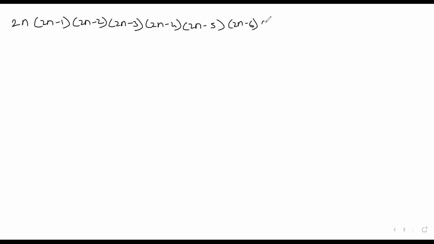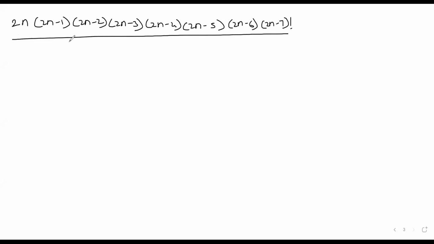So this 2n factorial can be further written as 2n, 2n minus 1, 2n minus 2, 2n minus 3, 2n minus 4, 2n minus 5, 2n minus 6, 2n minus 7 factorial.